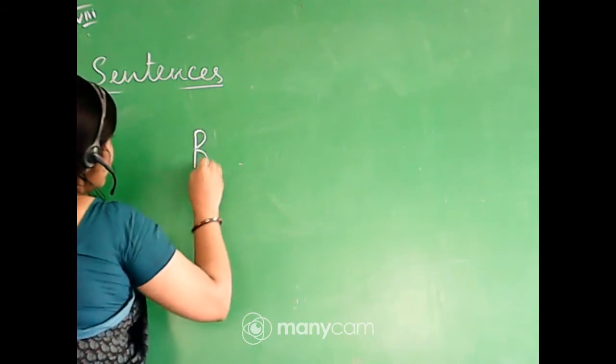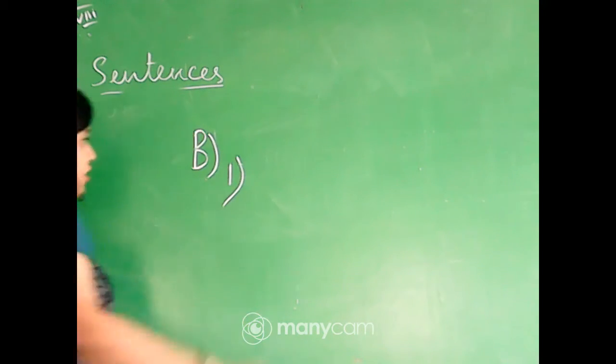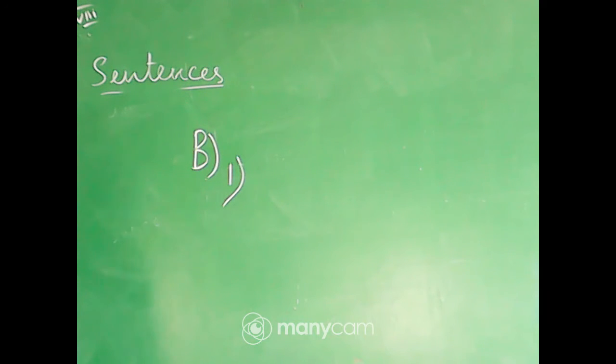So let us start with the first exercise under objects. I bought a cycle for my brother. So can you tell me what is the direct object?